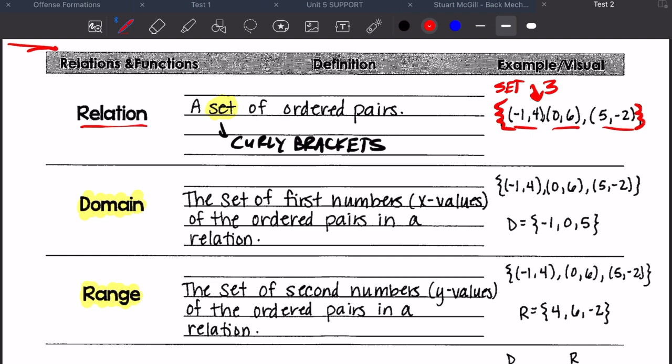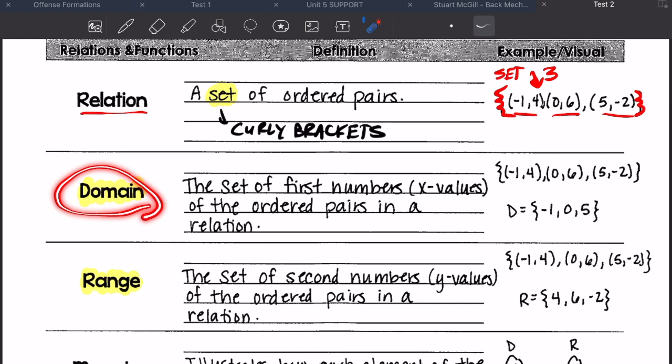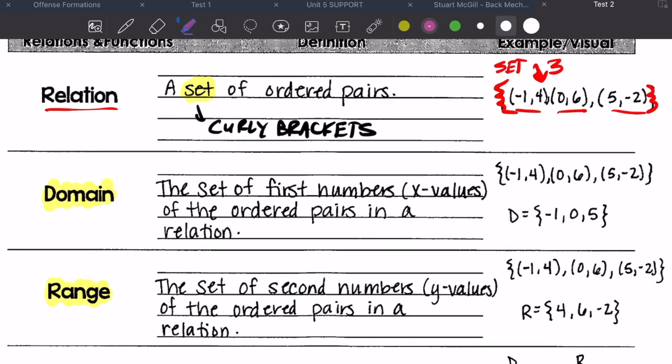We call that thing a relation. Now, in that relation, we have what's called a domain and a range. The domain is going to be the set of the x values or the inputs of that relationship. So if I were looking at that set of three ordered pairs over here on the right, the domain is all the x values, which is all of the first numbers, because in my ordered pairs, the x values are the first number in the ordered pair.